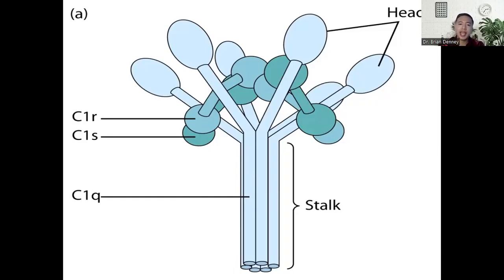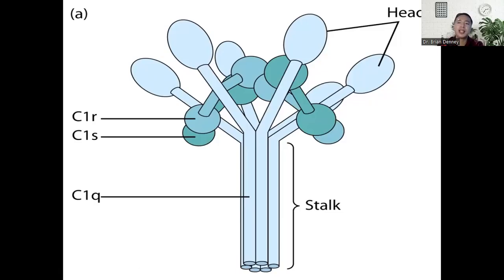Now, if you go higher, before you actually reach the top, you see a bent portion here. This bent portion is comprised of alanine amino acid residues. And if you continue higher, you end up with globular or circular heads.